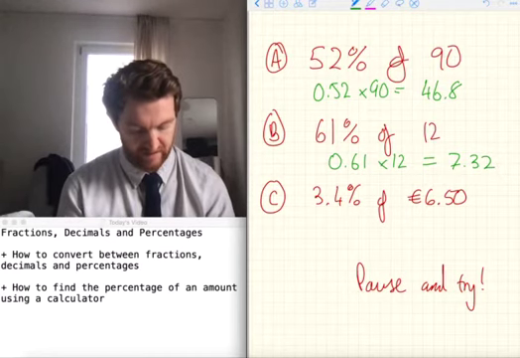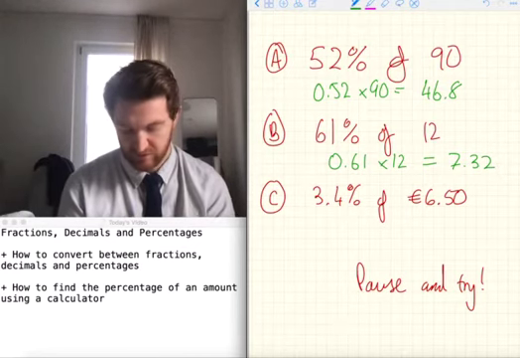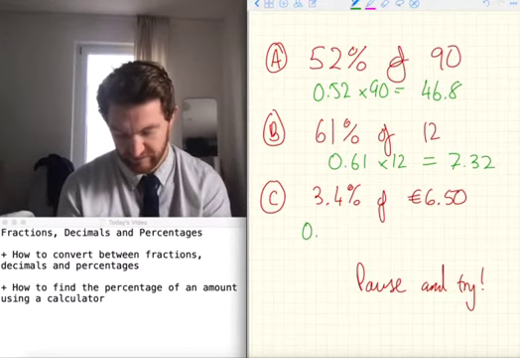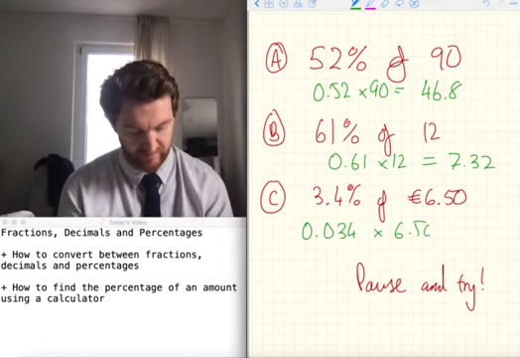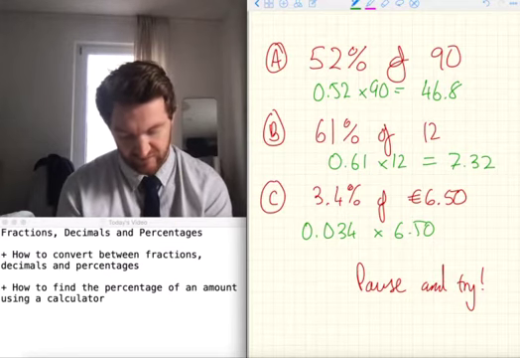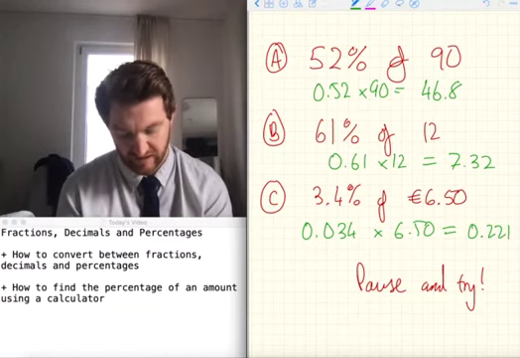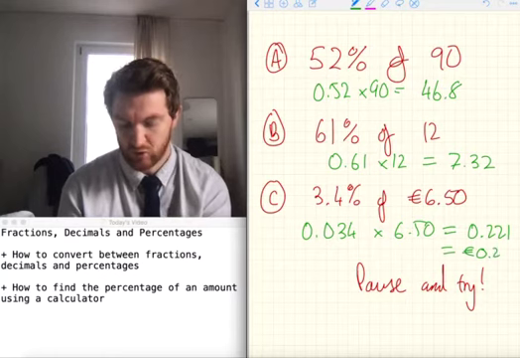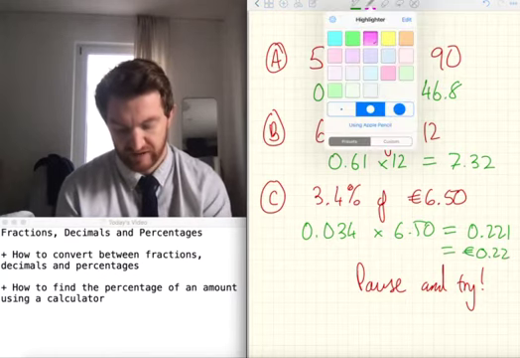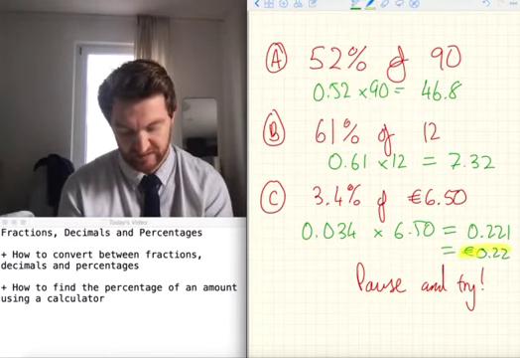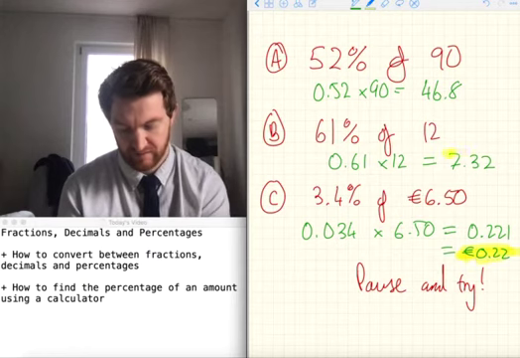And finally, you should have done 0.034 times 6.5 or 6.50. Doesn't matter, you'll get the same answer either way. Now this would have given you 0.221. But of course you can't have 0.221 euros, so you should have rounded it to 0.22. So when you've got money, it's always to 2 decimal places. Okay? And those are your answers.